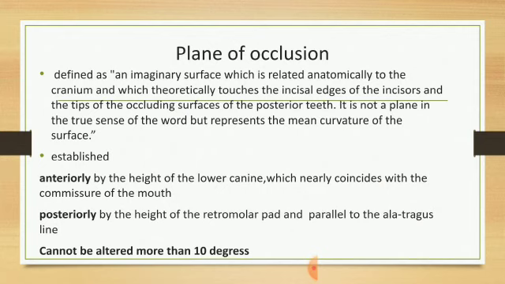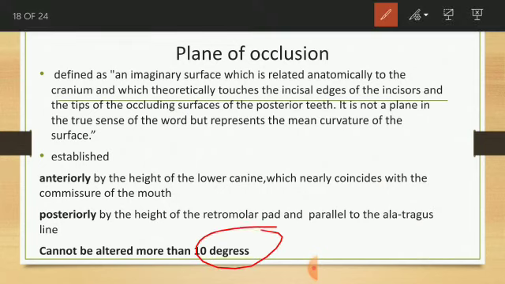And the plane of occlusion cannot be altered more than 10 degrees, because if we increase the plane of occlusion more than 10 degrees, the teeth would go more away from the residual ridge, and as the distance between the teeth and the ridge increases, the forces falling over the supporting structures increase, which leads to ridge resorption.